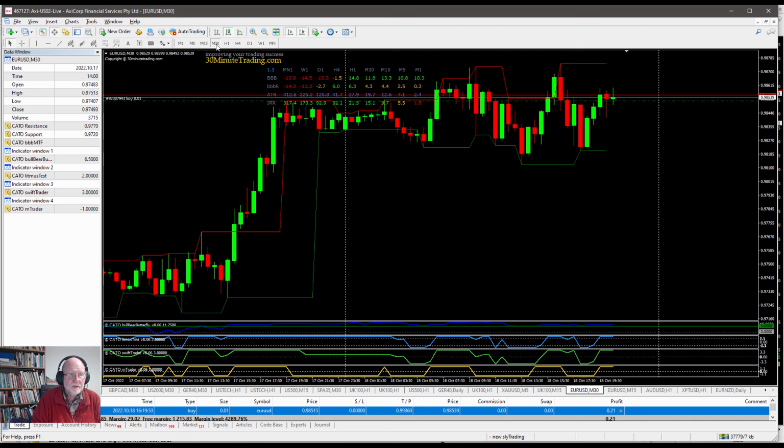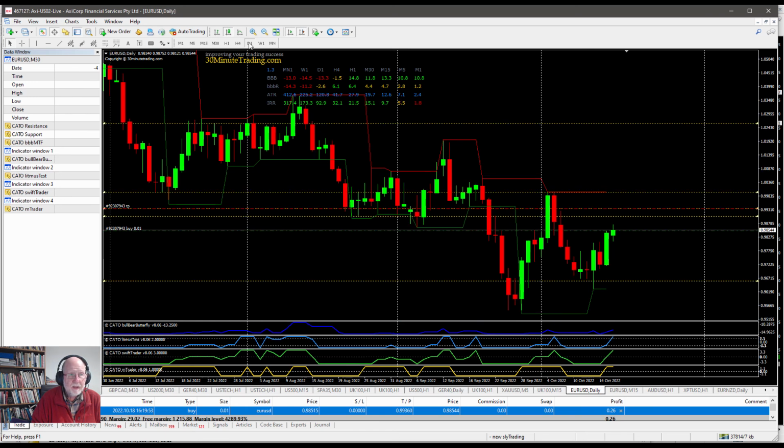So 30-minute trading is more consistent candle structure, more consistent for backtesting, more consistent for exploring. But if you want to do daily, and there's some evidence to suggest that daily trading is more profitable and more consistent, backtesting on a daily candle can give you better results.